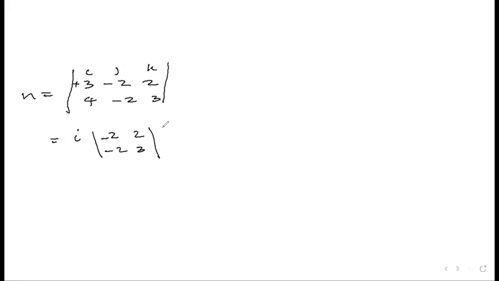Then it will be minus j, then 3, 2, 4, 3. Then plus k, which would be 3, -2, 4, -2.